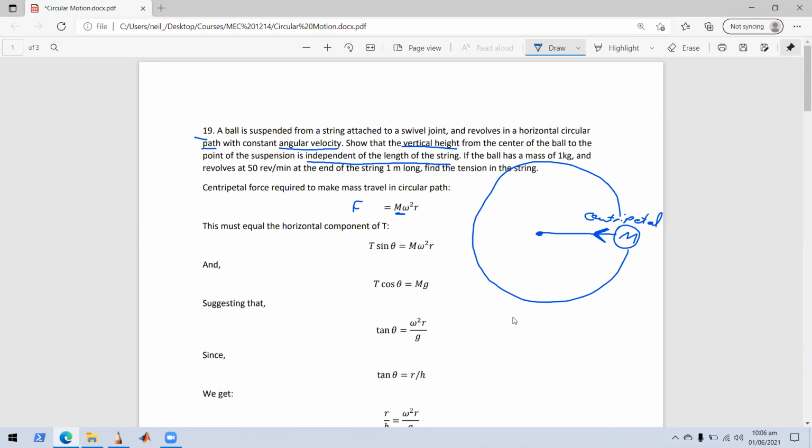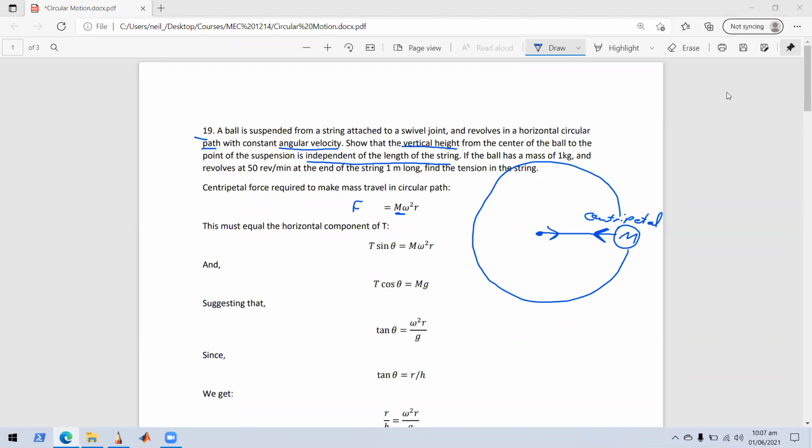Now, another word you might hear is the centrifugal force. Now, we know that forces have equal and opposite reactions, right? If there's some force pulling this thing towards the center, centripetal, petal meaning towards the center, there must also be a force pulling on the pivot point, leading outwards, called the centrifugal force.